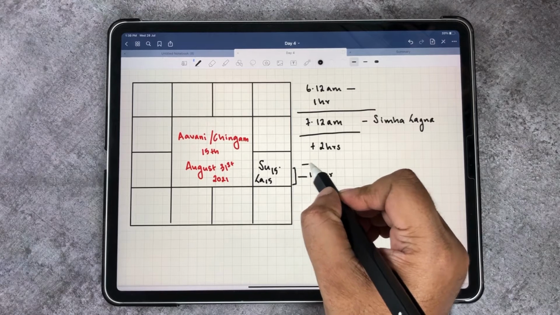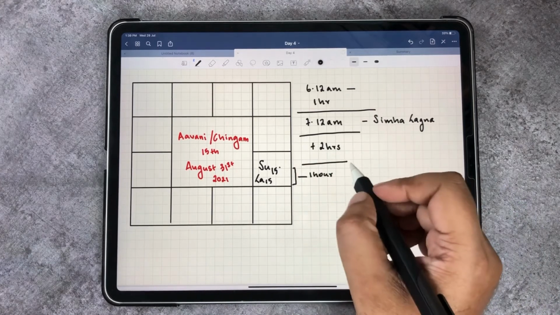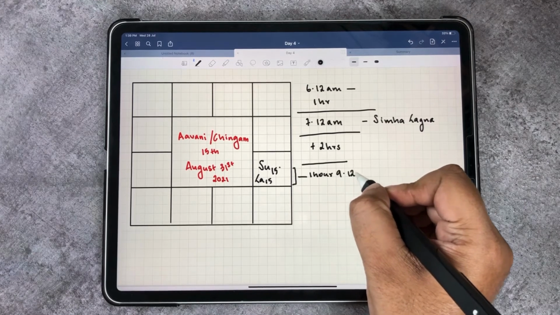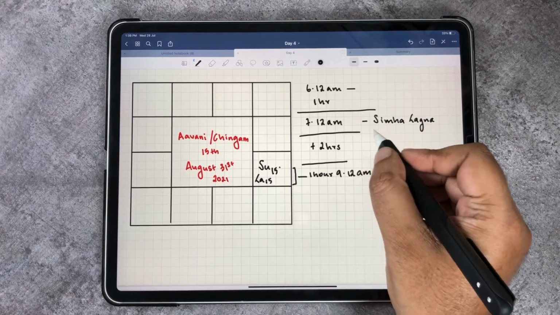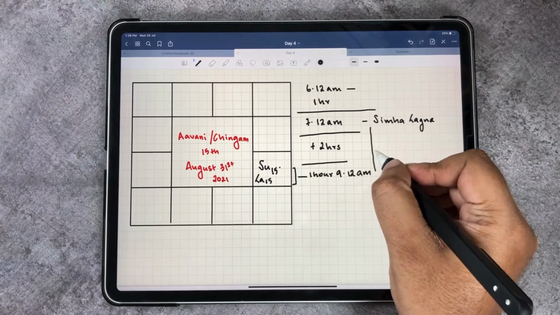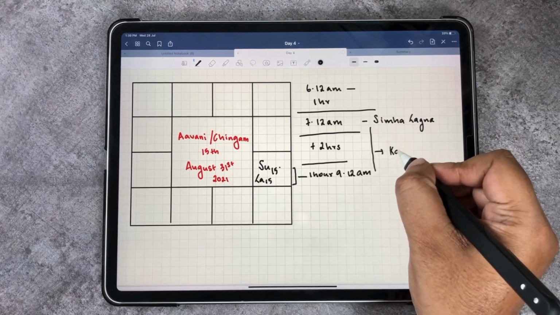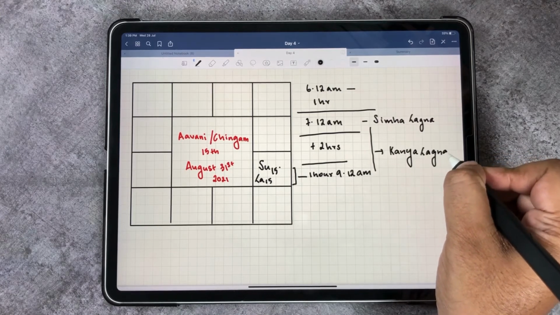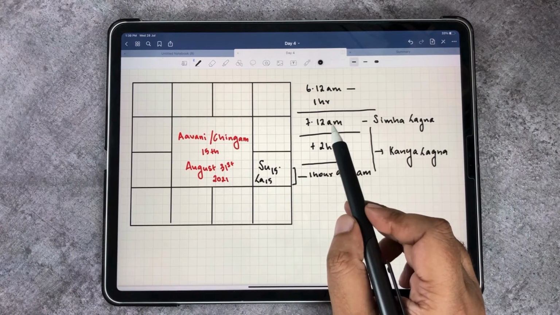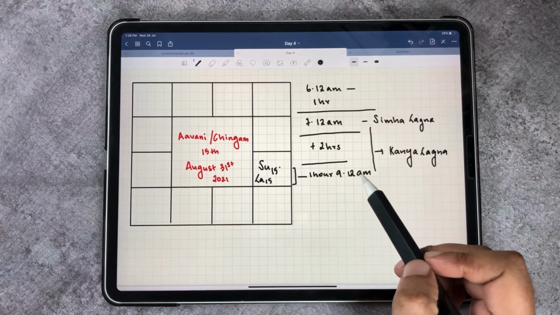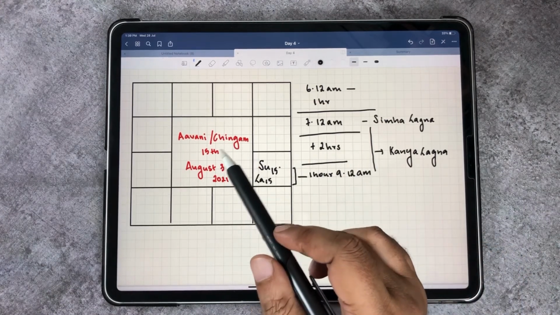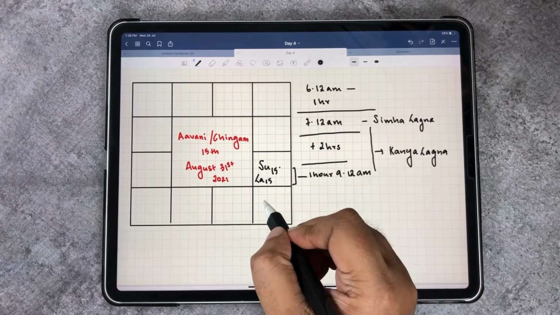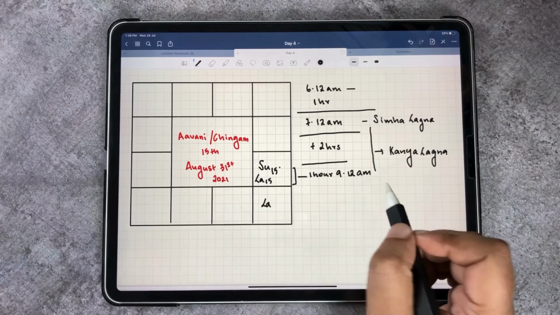So 7:12 a.m. to 9:12 a.m. you will have the Kanya Lagnam. So if a child is born between 7:12 a.m. to 9:12 a.m. on Avani, Chingam, the 15th, August 31st, 2021, it will have a Kanya Lagnam, right?